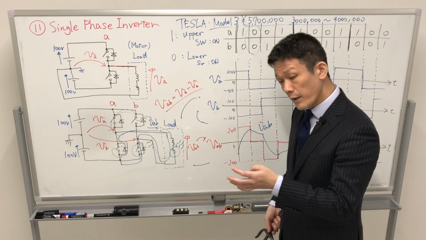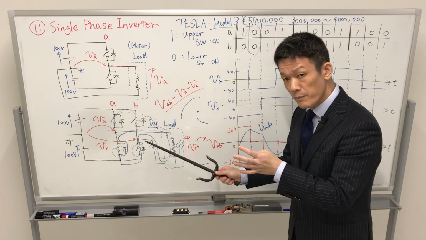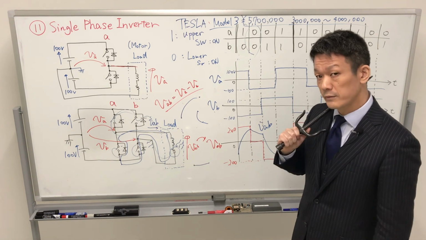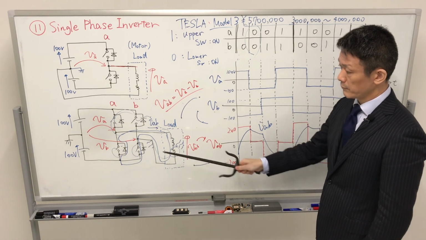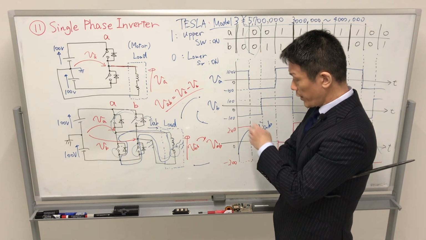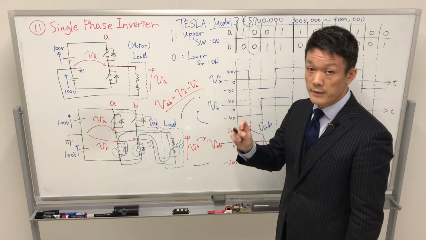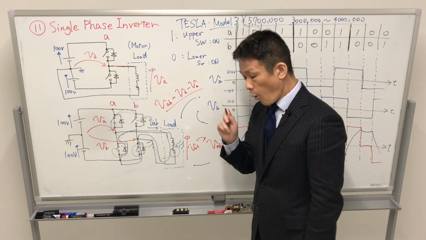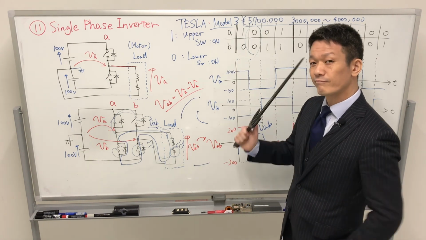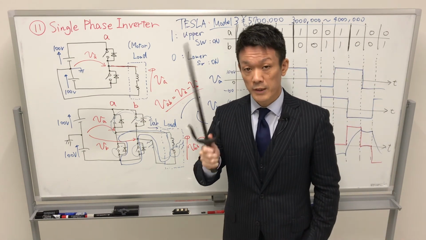Using this theory, for the three-phase inverter we would need 3 times 4, that is 12, power semiconductors. However, we use only 6 power semiconductor devices in the three-phase inverter. Why? That is the next lecture's essence. Okay, let's discuss it in the next lecture. Thank you very much.